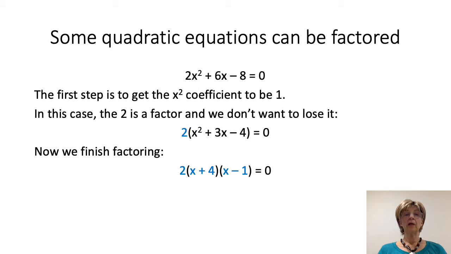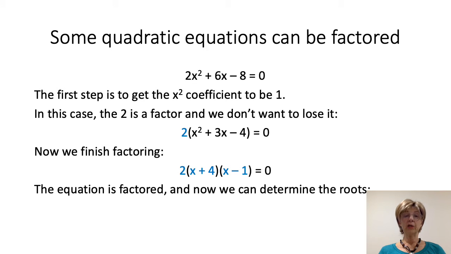I'm putting the factors in blue in this presentation. The equation is factored and now we can determine the roots. X equals minus 4 and 1. We obtain that by setting x plus 4 equal to 0 and by then setting x minus 1 equal to 0. I'm sure you're familiar with this.